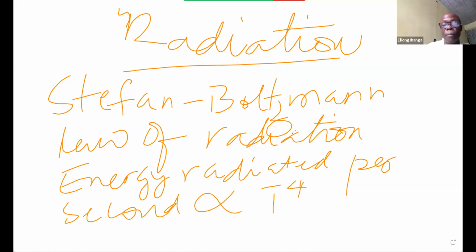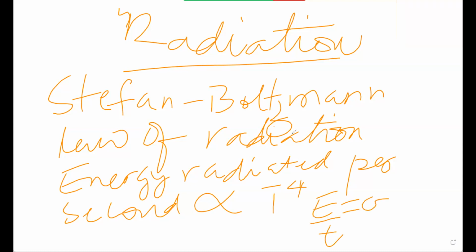So that is what we are talking about. We are talking about power now, isn't it? Energy per unit time is a certain constant, sigma, times T. Let me write this elsewhere.